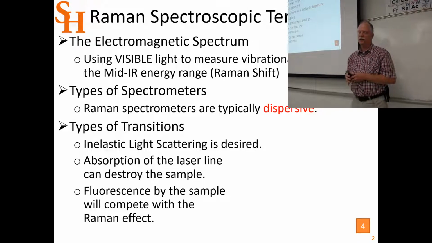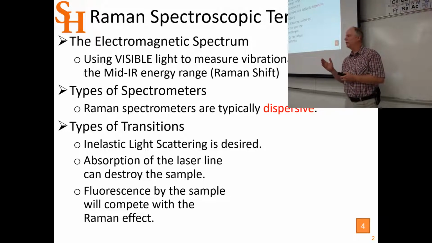And then fluorescence is really the number one enemy of Raman spectroscopy. So even if your laser line doesn't hit a strong absorbance, some of it may still be absorbed by the sample, and then it may fluoresce. And so that fluorescent signal is going to be red shifted. When we get to electronic spectroscopy, you'll understand how the fluorescence works.